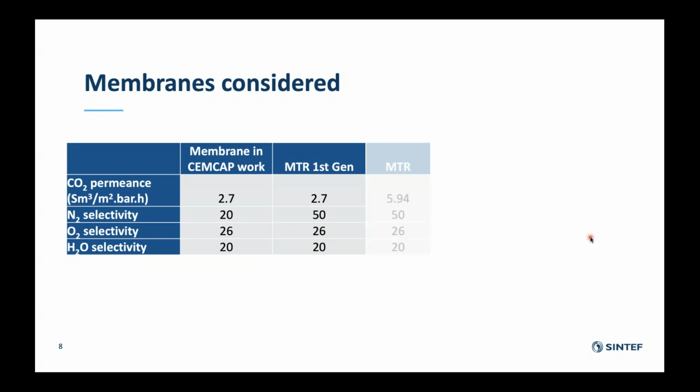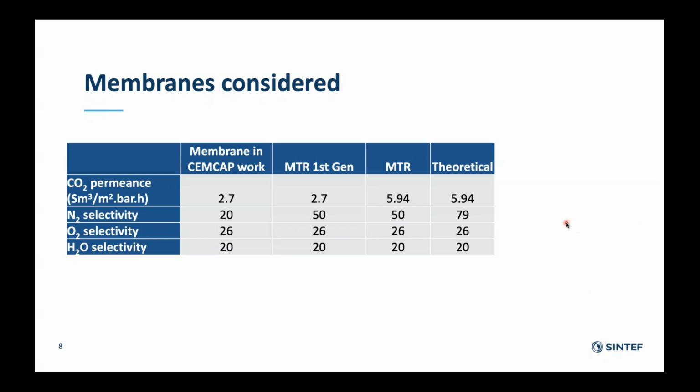The other membrane that we will consider is the MTR second generation, or the MTR membrane as we call it, and this is what MTR are now selling as their standard performing membrane, with a selectivity of 50 and a CO2 permeance of 5.94 compared to 2.7 from earlier.